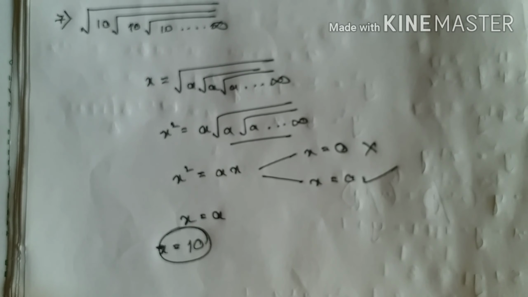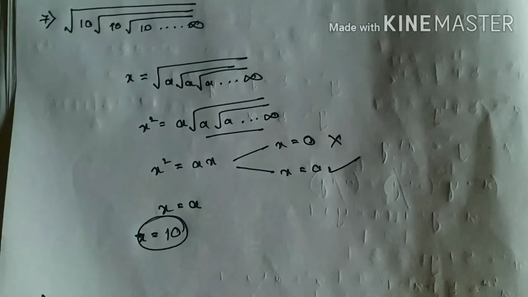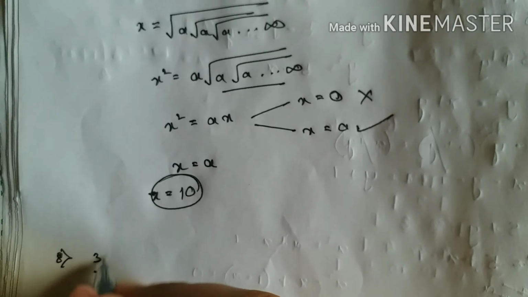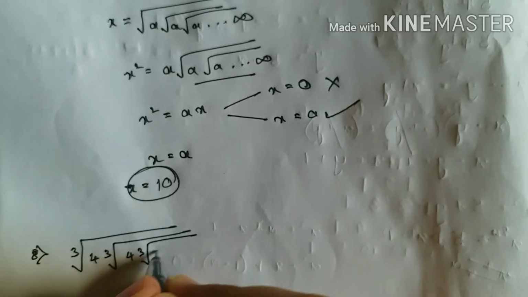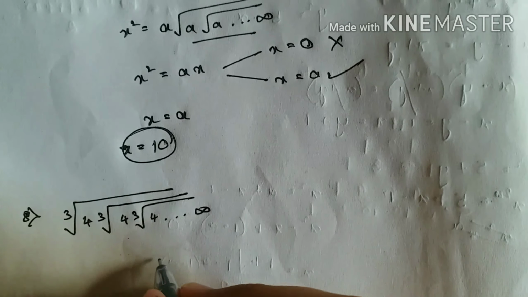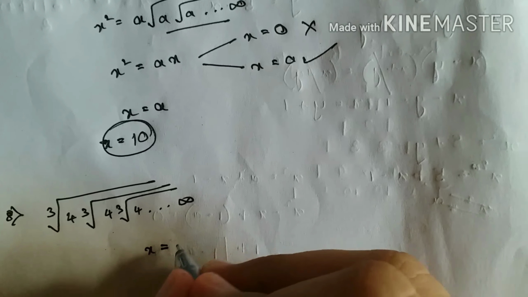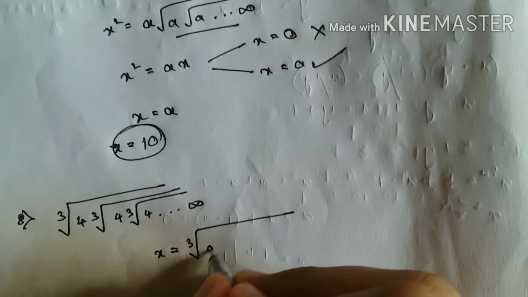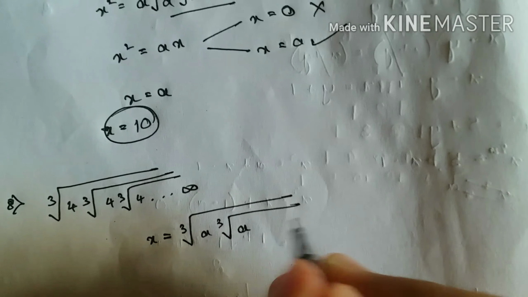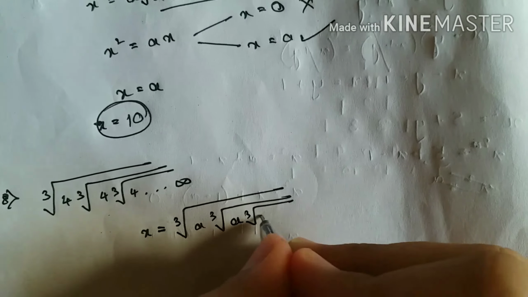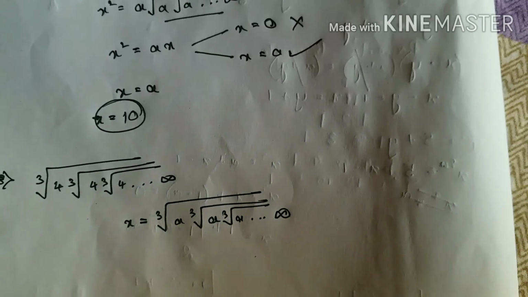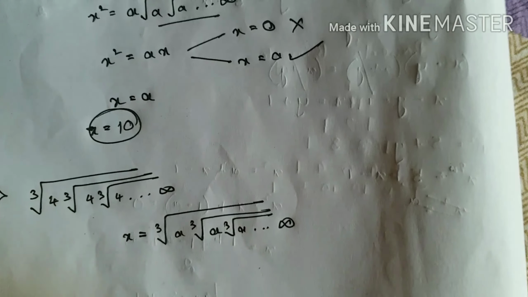Now question number 8. Cube root of 4, cube root of 4, cube root of 4 goes till infinity. I will once again do it with a constant. X is equal to cube root of a, cube root of a, cube root of a. Now cube that.